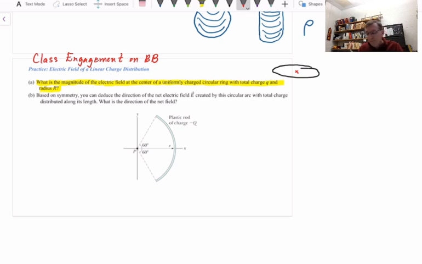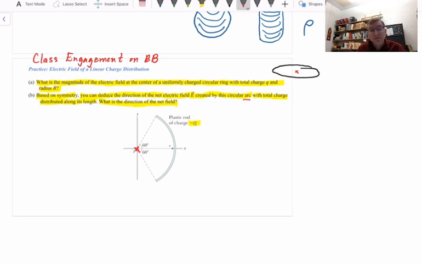Now I go to part B, and that's where this picture comes in. Here's part B. Based on symmetry, you can deduce the direction of the net electric field E arrow created by what we'll call this circular arc with total charge distributed along its length, and that total charge is negative Q. What is the direction of the net electric field at the point P, right there, from that arc?